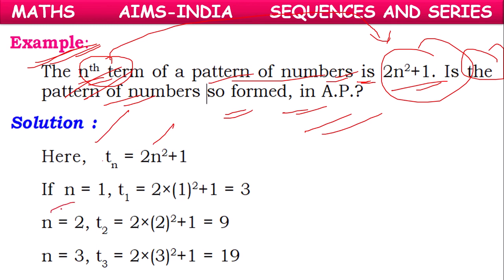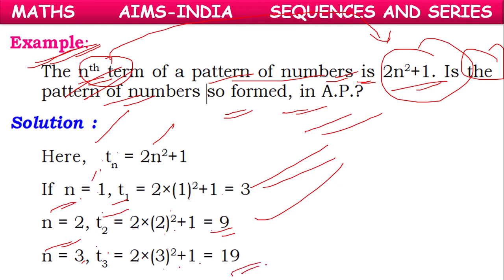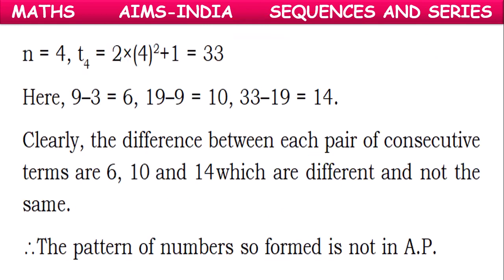In the place of n, if we put 1, we get the first term, t1, 2 into 1 squared plus 1, which is equal to 3. If we put 2, t2, 2 into 2 squared plus 1 equals 9. If we put 3, t3, 2 into 3 squared plus 1 equals 19. If we put 4, t4, 2 into 4 squared plus 1 equals 33.